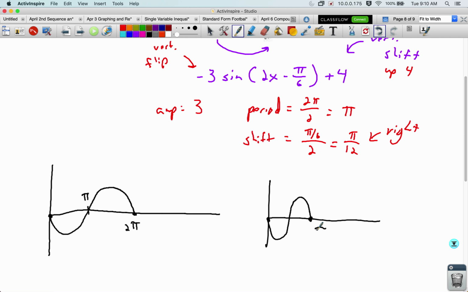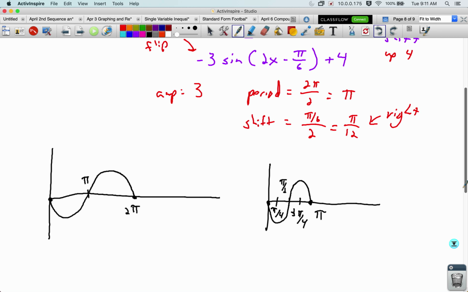So now we're completing a period every pi, meaning we hit key points at pi over 2. This is 3 pi over 4. This is pi over 4. And then everything has been shifted to the right, pi over 12. So if the key points are now at pi over 4, that's a third of a key point to the right.